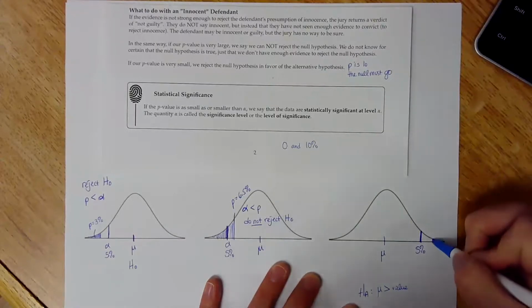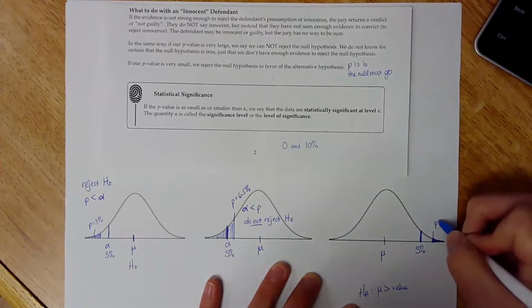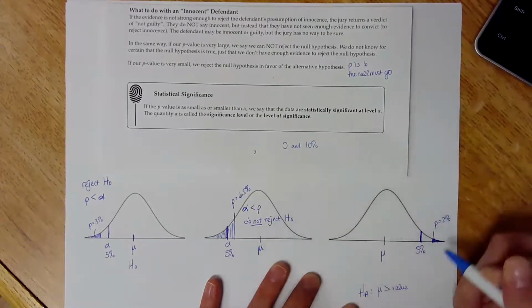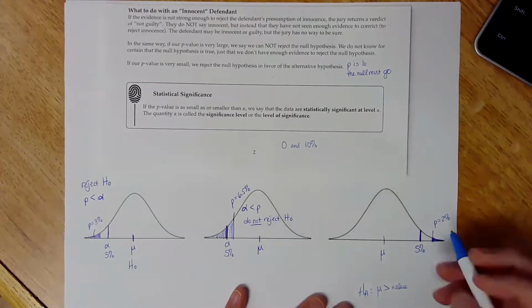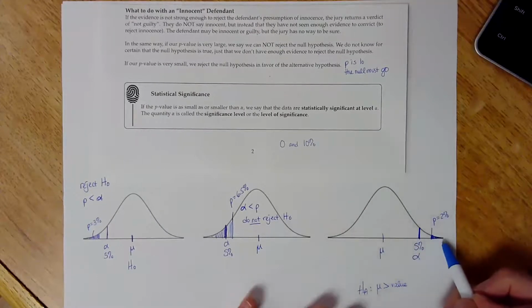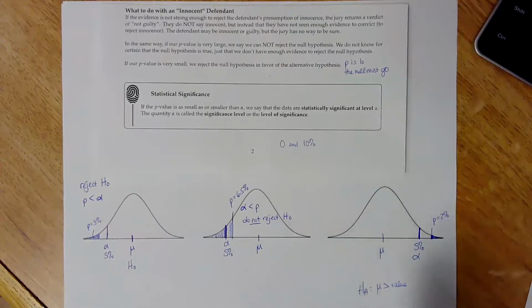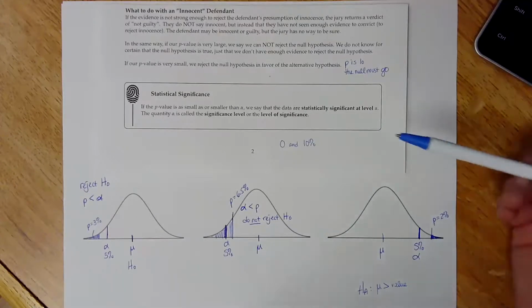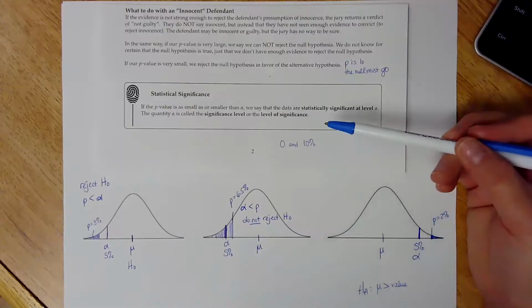And that's okay. My p-value, though, is out here at the 2%. Okay, so same thing. Here's my cutoff value at 5%. The p is further out in the tail. Okay, so if I've crossed over my threshold and I'm further out in the tail, I'm going to reject the null hypothesis. Okay, so that is what our level of significance, our alpha, does.